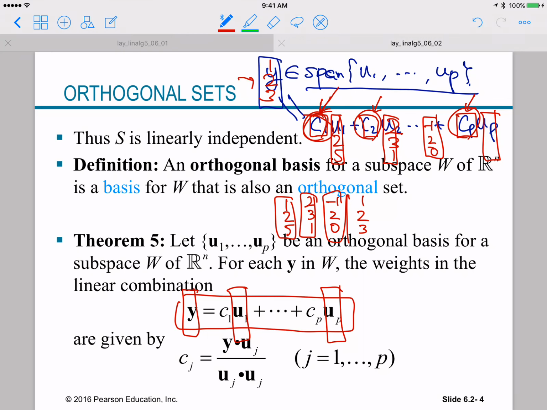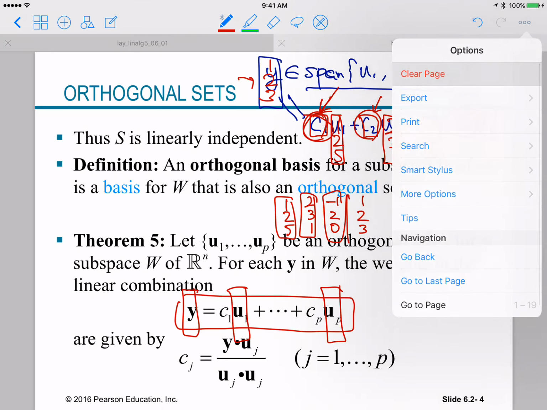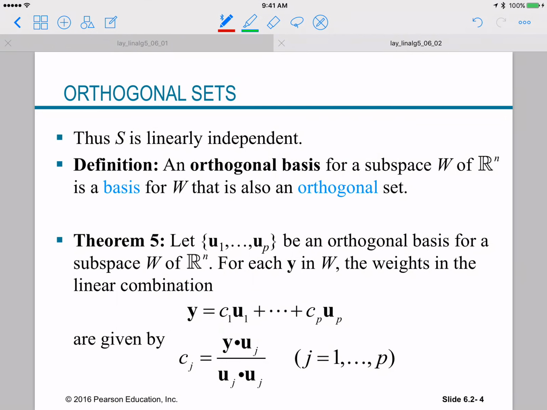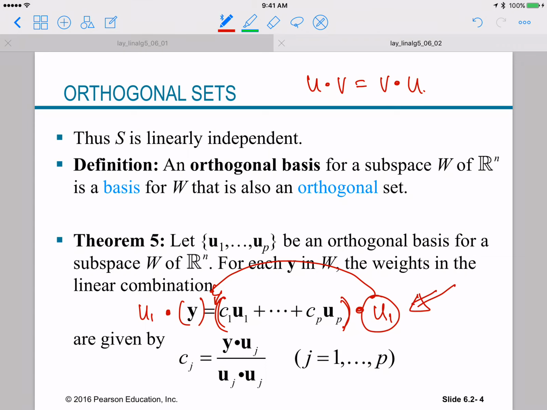And then we simply compute the inner product with, for example, u1, and then this guy inner product with u1. Although this guy should be put on the left side, you guys know u inner product with v is the same as v inner product with u, right? So we can conveniently write it in this manner.